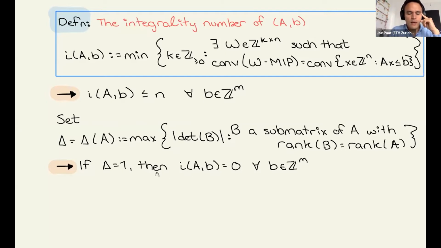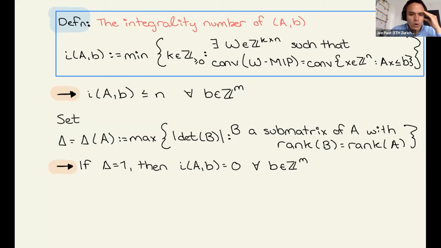So if this delta happens to be 1, then every vertex of our original polyhedron is already integer, so we don't need to add any other constraints, and we see that the integrality number is 0. So here are two special cases where we can understand the integrality number a little bit.